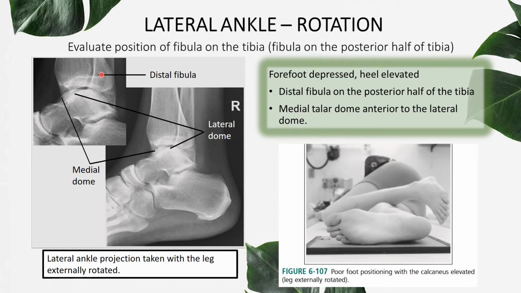As I said before, the lateral dome follows quite close to the fibula, so when the fibula is seen posteriorly, the lateral dome is also seen posteriorly. This is the lateral dome. For external rotation, the forefoot is depressed and the heel is elevated.